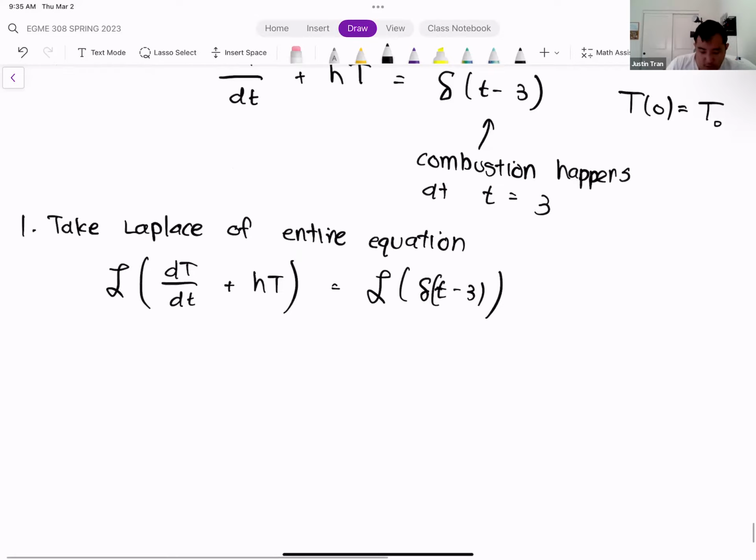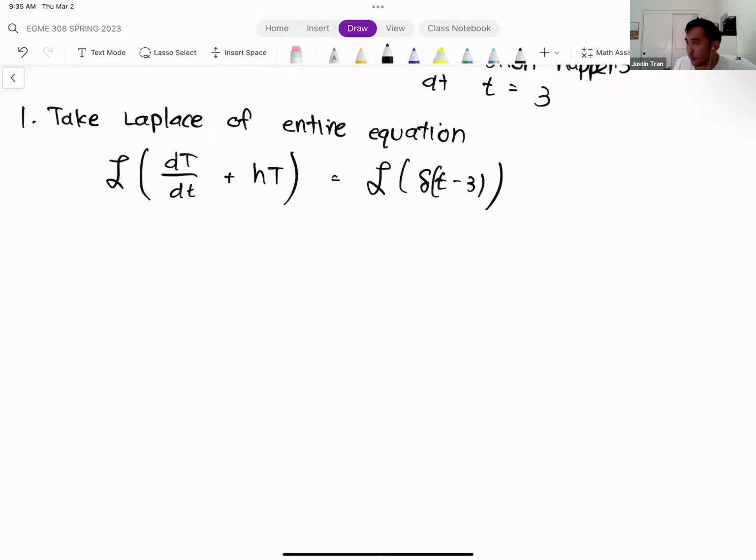The Laplace transform of dT/dt is s big T of s minus T of 0. This is a little bit of a change of pace because this is only a first order equation. Everything up to this point we've done second order ordinary differential equations, but this is only first order. This one's actually quite similar to the homework problem, where I believe I also gave you a first order equation.